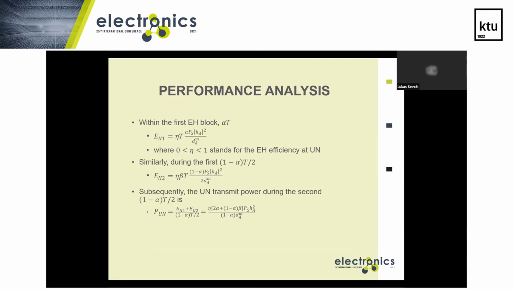Here you can see computing of performance analysis from base station to user near, which includes energy harvesting and information transmission. On the figure, you can compare the harvested energy at the user near for all the energy harvesting blocks, as I told on the previous figure, for alpha t and for the next 2 blocks.